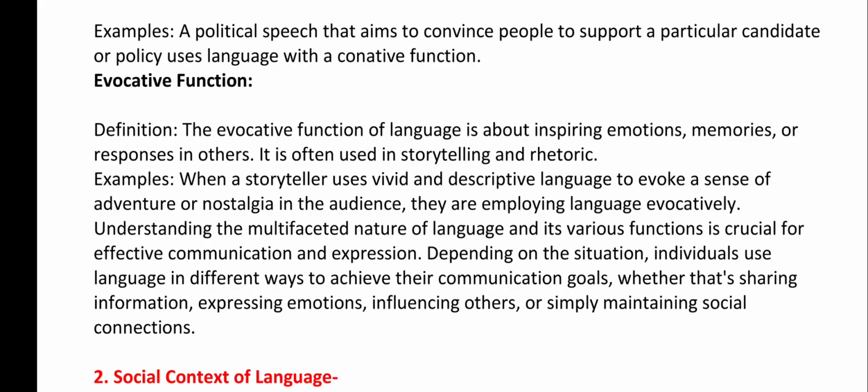Understanding the multifaceted nature of language and its various functions is crucial for effective communication and expression. Depending on the situation, individuals use language in different ways to achieve their communication goals, whether it's sharing information, expressing emotions, influencing others, or simply maintaining social connections.